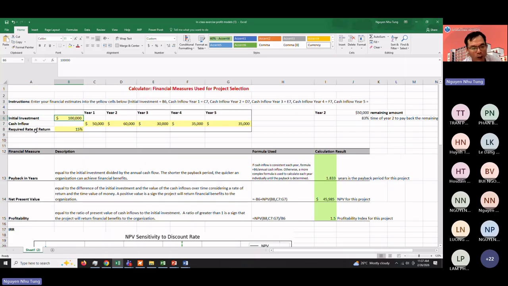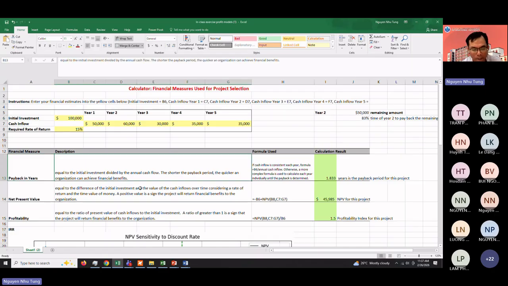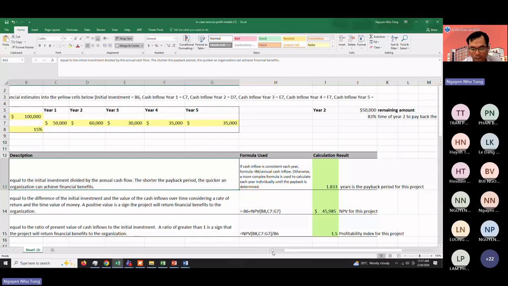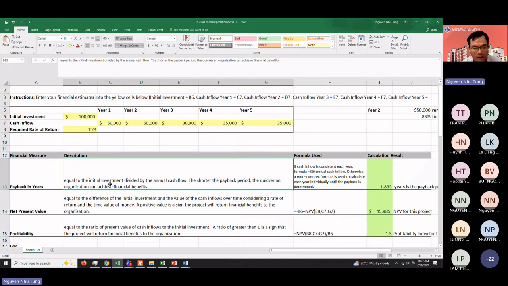Let's assume that the required rate of return is 50%, right? So payback in years, or payback period in years, equals initial investment divided by annual cash flow. The shorter the payback period, the quicker an organization can achieve financial benefits.